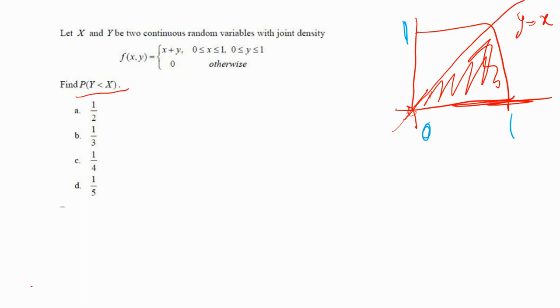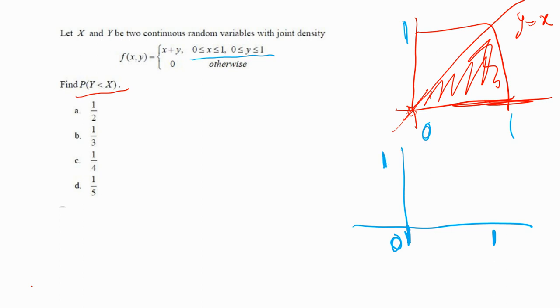Okay, so look, firstly what you need to do is see where fxy is defined. So firstly fxy is defined in this region. So firstly draw the line and draw where x and y are defined. So x is in between 0 to 1, y is in between 0 to 1.